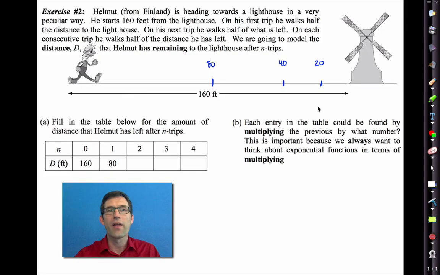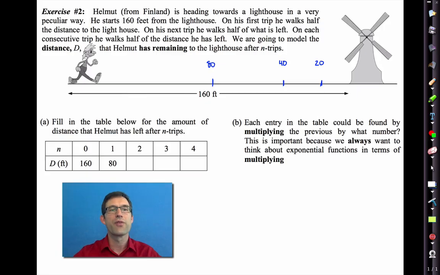What we're going to model is how much distance he has left, how much distance is remaining to the lighthouse after n trips. Okay? Now this is what's known as a decay problem, or an exponentially decreasing function, because obviously the amount of distance he has left is going down. It's decreasing. Okay?